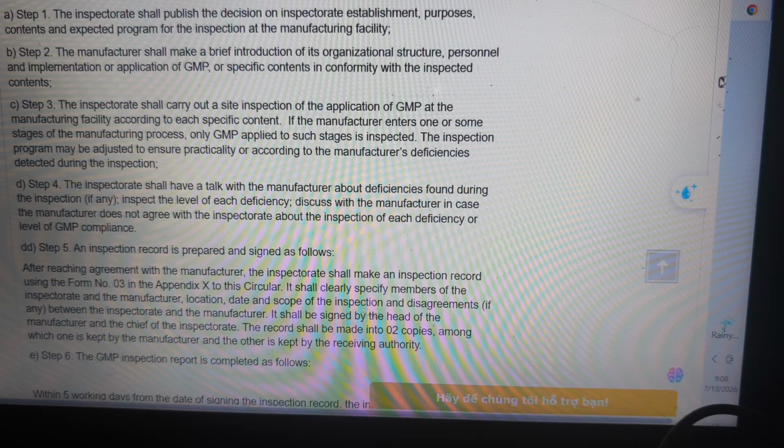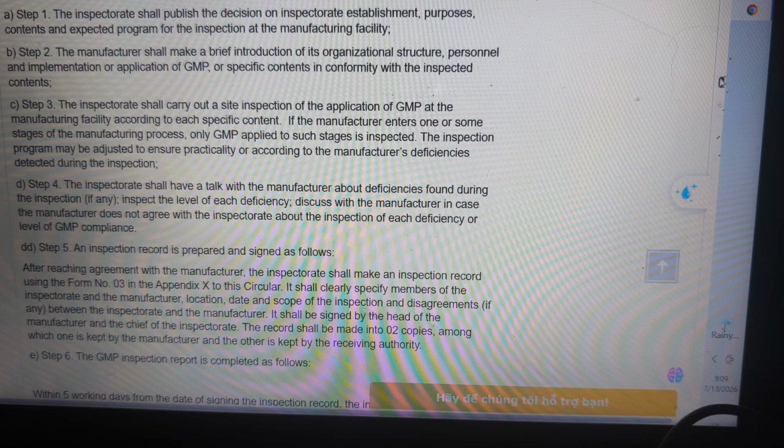The inspection program may be adjusted to ensure practicality or according to the deficiencies detected during the inspection.